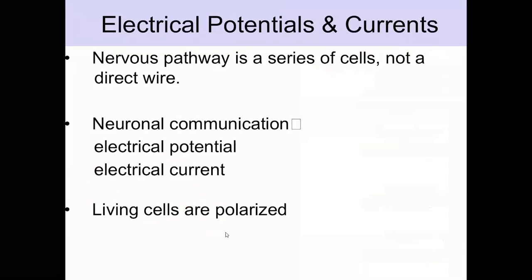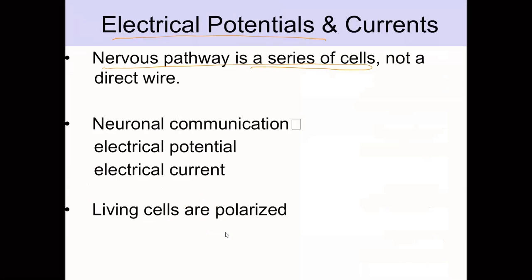Now, how does this actually work? It's all based on electric potential. We're going to talk about ions and cations and anions, and currents. One big thing to remember is that the nervous system is a bunch of cells connected together.